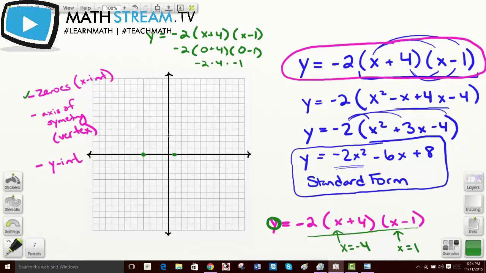So 1, 2, 3, 4, 5, 6, 7, 8. When we plug in 0 for x, we find out what the y-intercept is. I now have 3 valuable points for my graph.